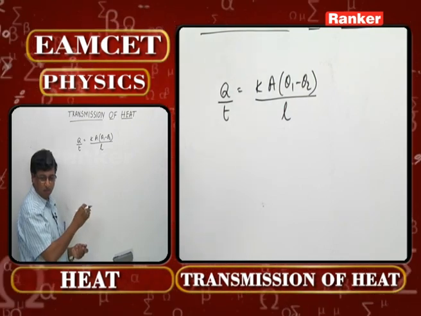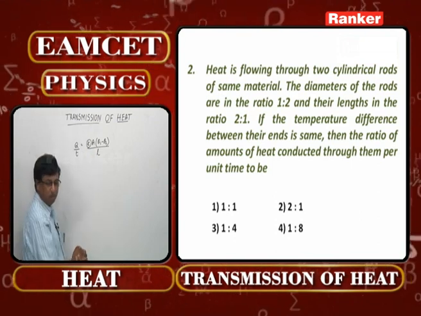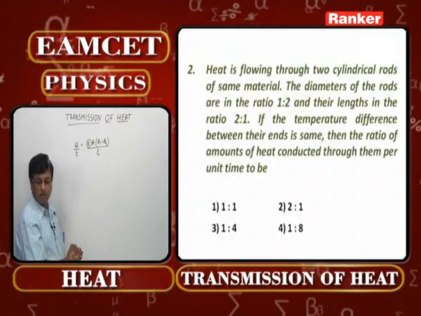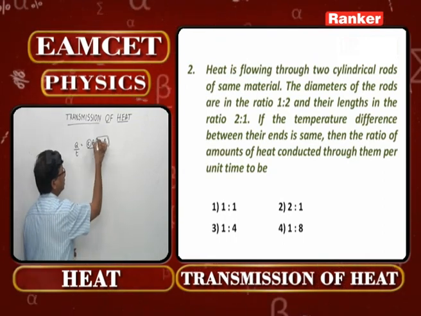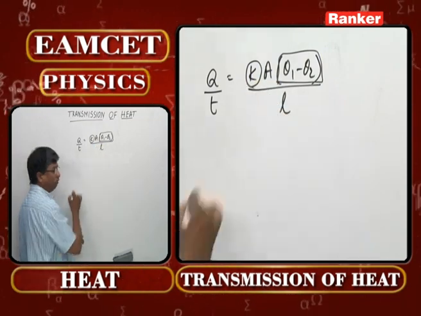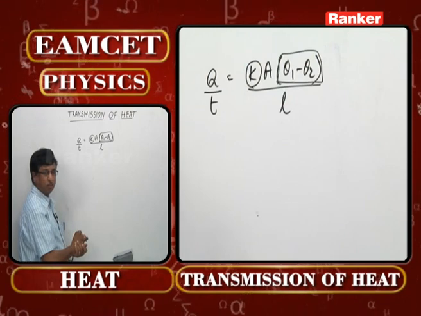Heat is flowing through two cylindrical rods of the same material, that means K remains constant. And what else has he given? The temperature difference between their ends is the same. That means theta 1 minus theta 2 is again constant. What are the two other variables you find? One is the area of cross section and the other is the corresponding length.